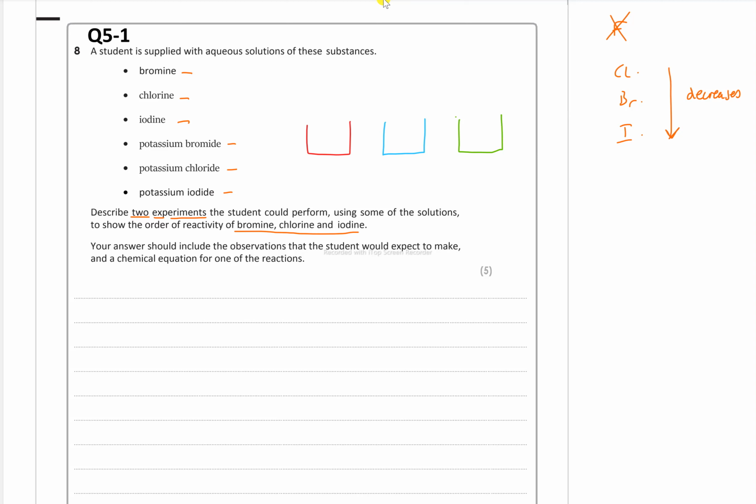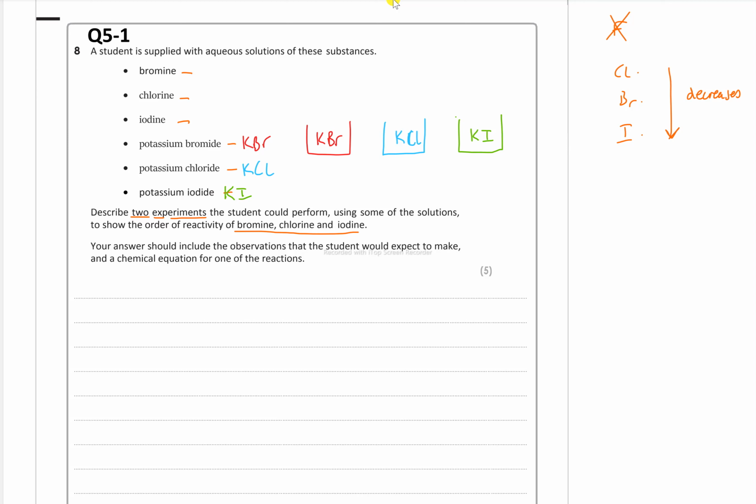So this one is potassium iodide. This is potassium chloride, and finally this is potassium bromide.